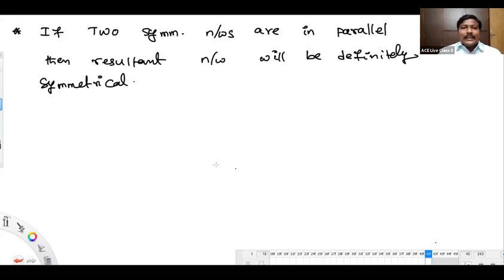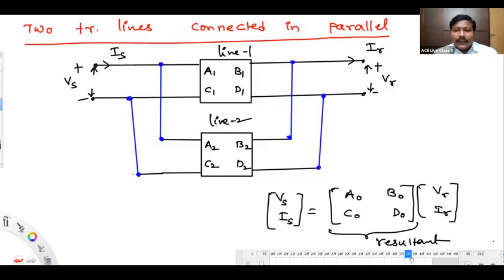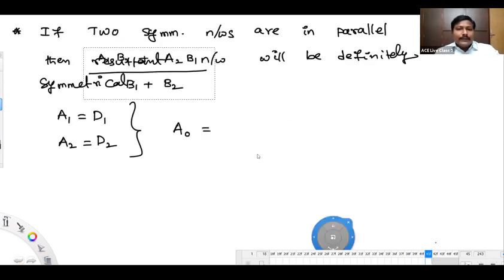How, in the sense, I will tell you. A1 equals D1 means network 1 is symmetrical. A2 equals D2 means network 2 is symmetrical. Now what is the value of A0? Just to check the formula, this is the formula for A0, I'm showing here.